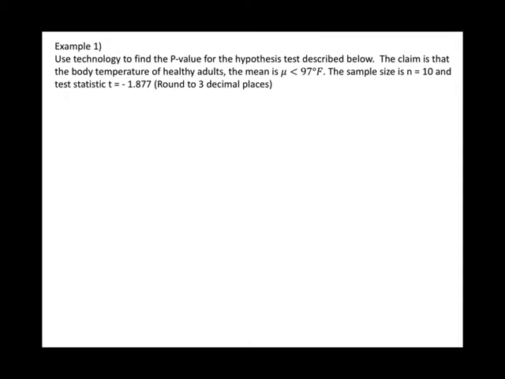Okay, let's look at this example. Use technology to find the p-value for the hypothesis test described below. The claim is that the mean body temperature of healthy adults is less than 97 Fahrenheit. The sample size n is equal to 10, and the test statistic is given as t equal to -1.877.